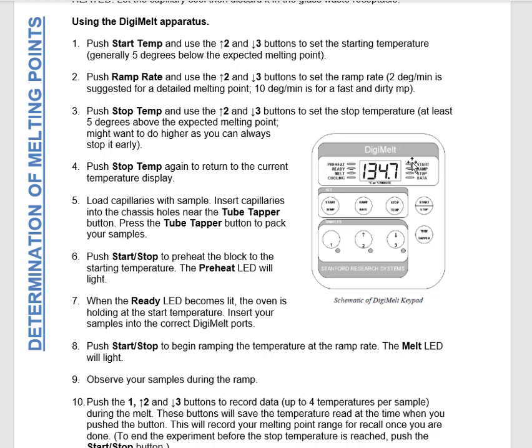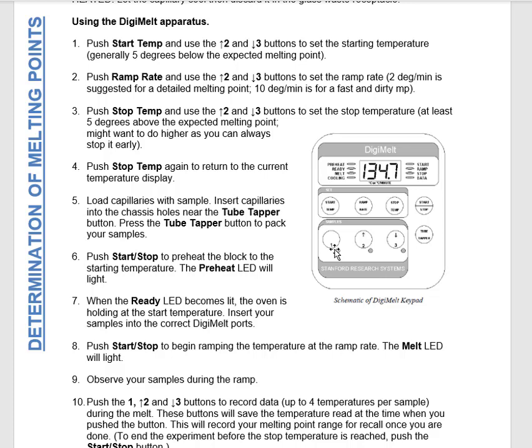So what you would want to do is you would want to have a start temperature where you're heating the sample, say at 70 degrees C, right? So approximately 10 degrees C below it. And then you want your stop temperature to be roughly 10 degrees C above the melting temperature. So you have a nice big range. And actually, to be even better, you would want to say about 15 to 20 degrees below and above, right?